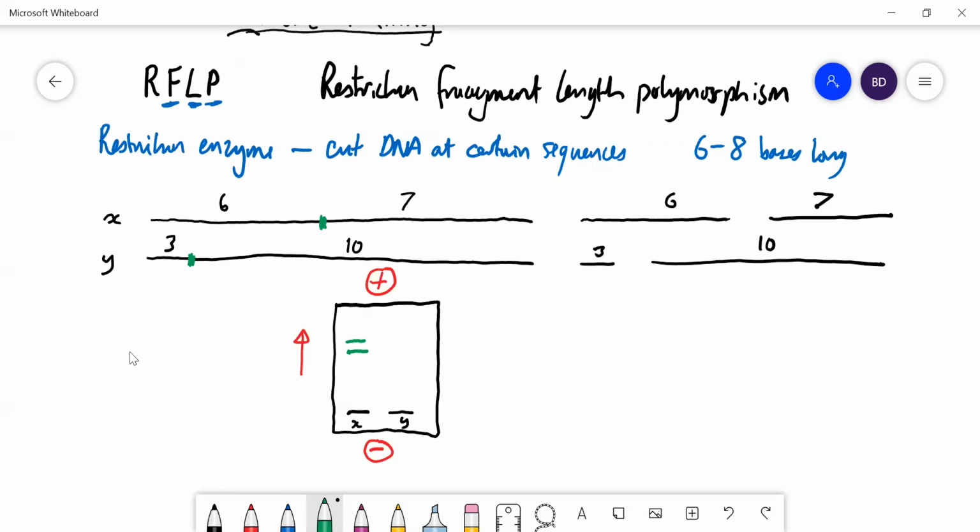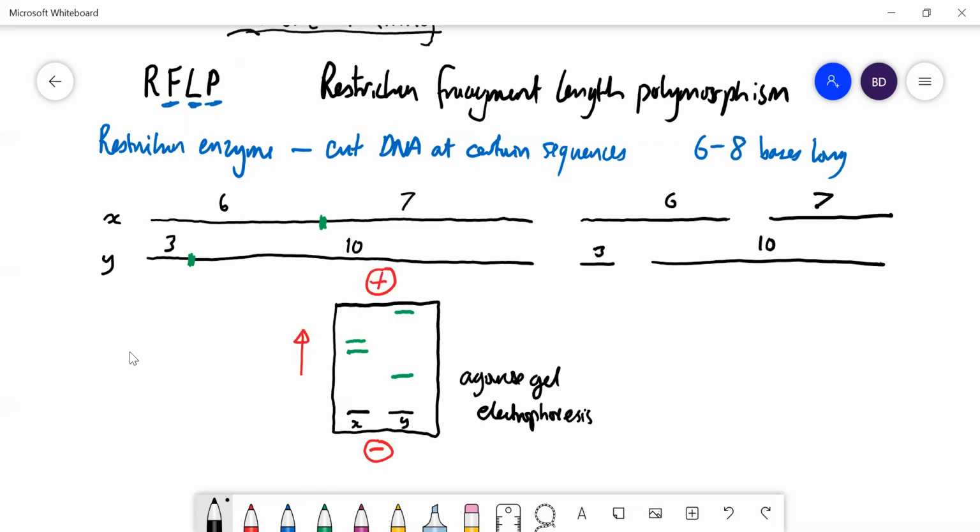If you did that with Y, you'd get this big fragment at 10, and the 3 would go a lot further. So you get a different pattern of bands on your agarose gel electrophoresis, and you're distinguishing the 2 bits of DNA by the different lengths of the fragments produced.